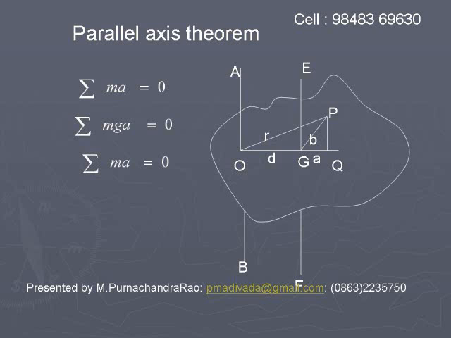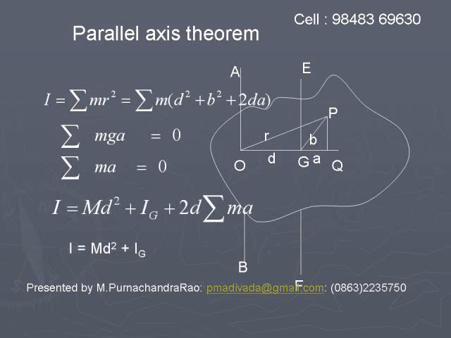Mg is weight of the particle P. Mg into a is moment of the particle P, and sigma mga is the total moment of the system about center of gravity. The total moment of all the particles about center of gravity will be equal to 0. Hence, sigma ma becomes equal to 0.